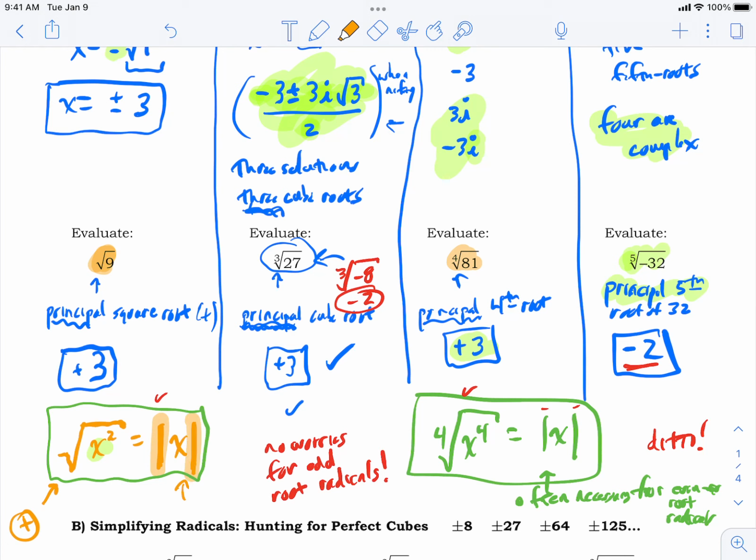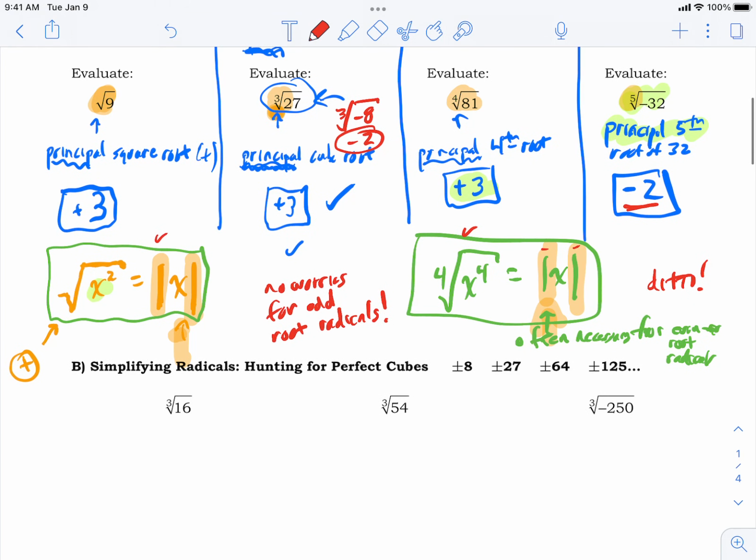So in the case of even root radicals, you've got to worry about these absolute value bars. You've got to make sure that the right side is positive. You can't have the right side be negative, or else you have a false equation. Whereas for odd root radicals, you don't have to worry about any of that stuff, because if you take a cube root of a negative number, you get a negative number. It's not the case that the right side is always supposed to be positive. So don't worry about the odd roots.